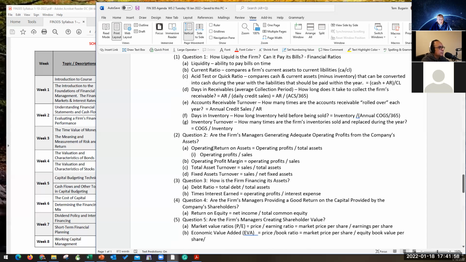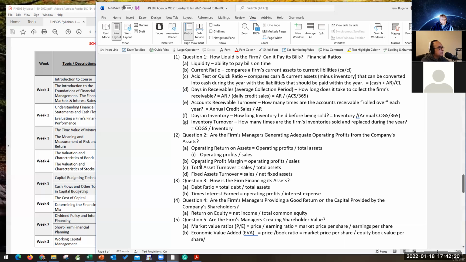Now, question number 2. How are the firm's managers generating adequate operating profits from the company's assets? And so the formulas that you would look at in assessing the health of the firm: operating return on assets, in other words, operating profits divided by total assets.